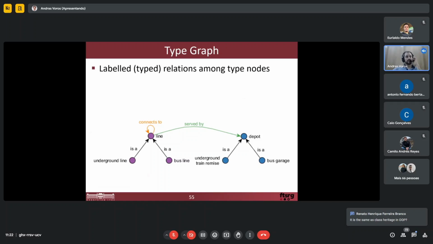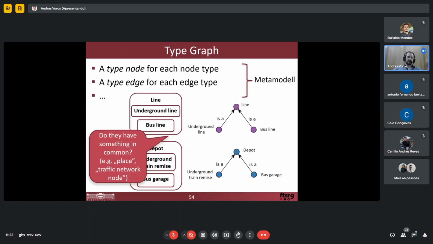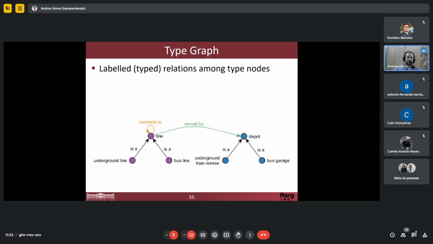We will have labeled type relations among type nodes. So for example, if we go back to this example here, we define the lines and the depots. And we can also add information between them. So for example, lines connect to other lines.